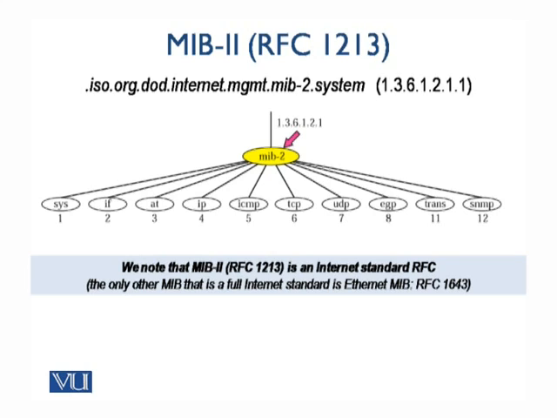Other than the system MIB, which is under the MIB2 MIB, you have various other MIBs, and also every one of these nodes is also numbered. And I hope you get the idea now how we can refer to any point by a number.